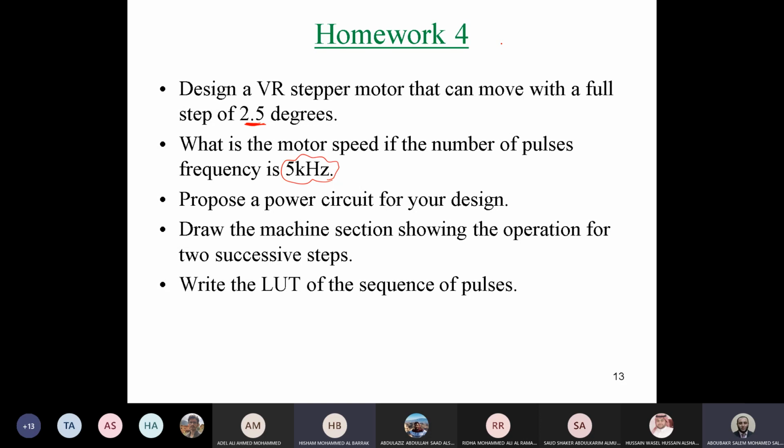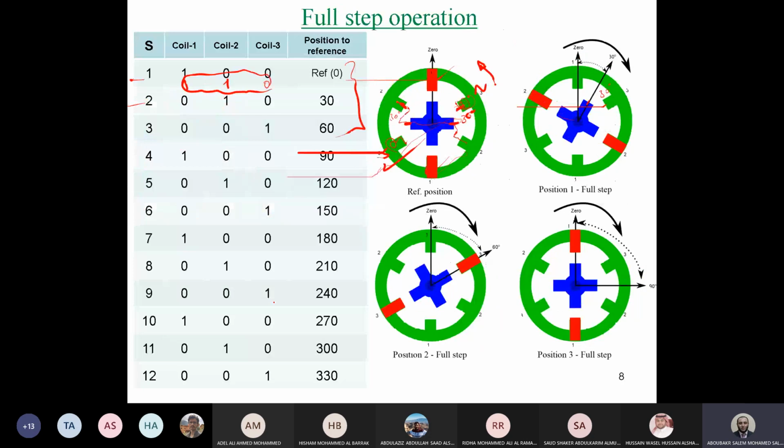Sorry, Doctor, what does LUT mean? LUT is the lookup table. The lookup table we already made here in order to show the steps. This is the lookup table, which means the sequence of pulses for the operation.